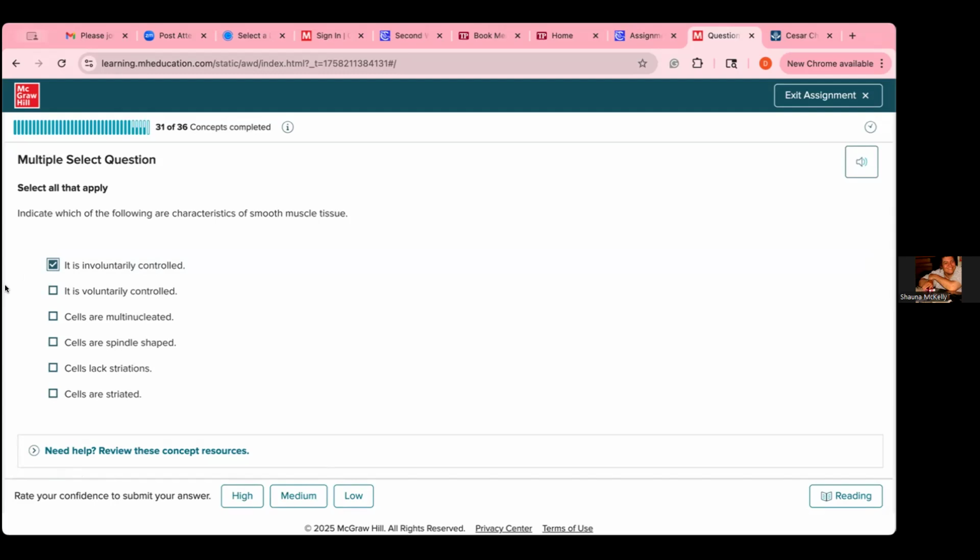Let me look again at the characteristics. I think I've got too many tabs open. Let me see.